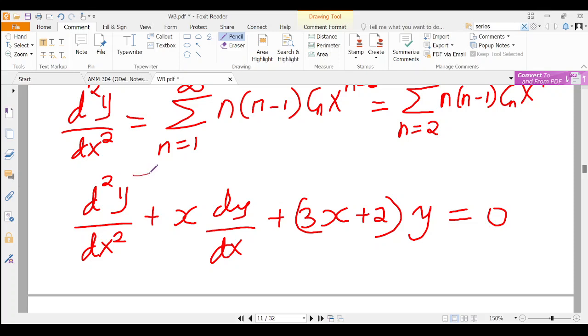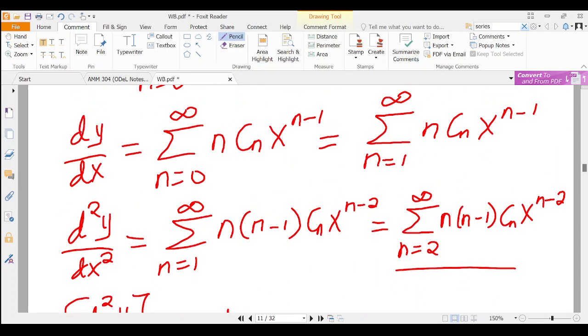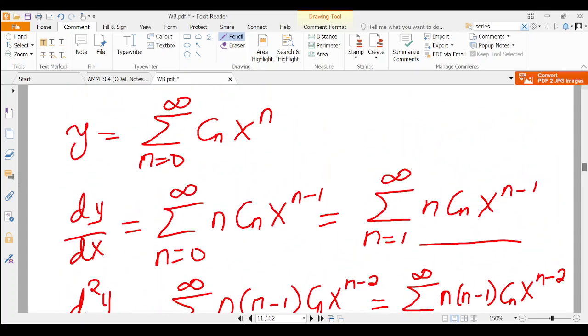So we are going to be replacing the second derivative here with this function here, the first derivative with this, and y with this other function here.